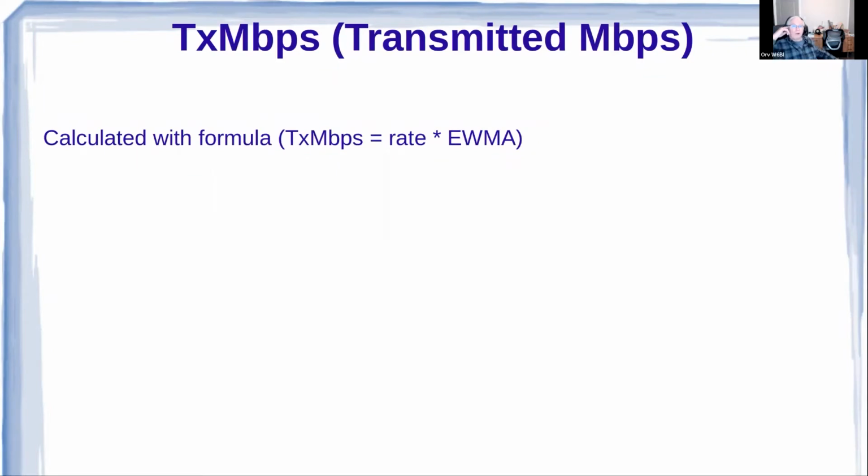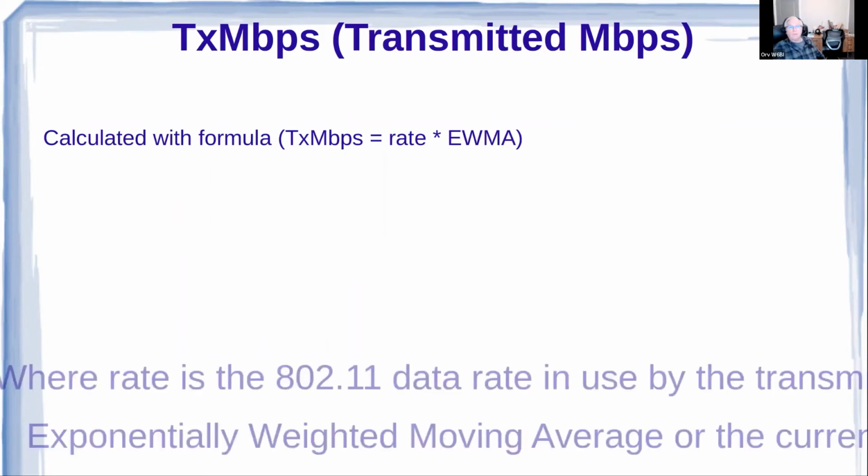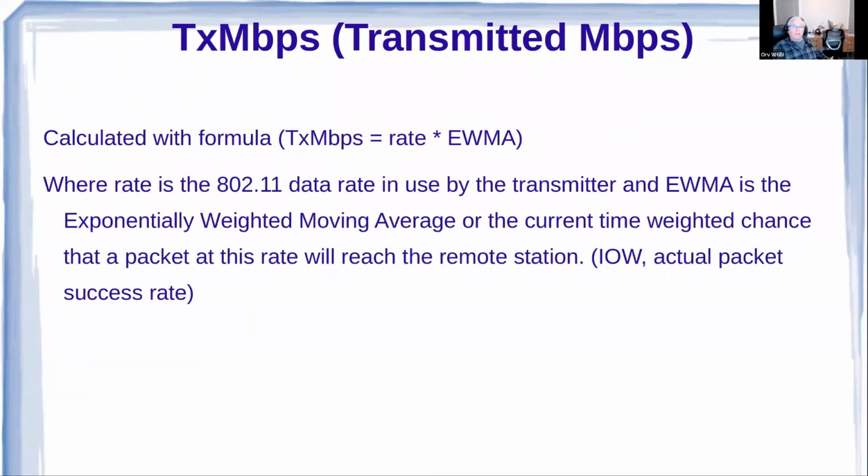So there's another column in the status page, TXmbps, transmitted megabits per second. And you can see the formula there. The rate is the 802.11 data rate we saw in the MCS column. And it says EWMA, exponentially weighted moving average. Basically, it's the packet success rate in a decimal.